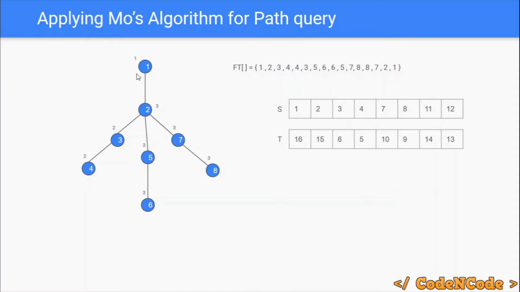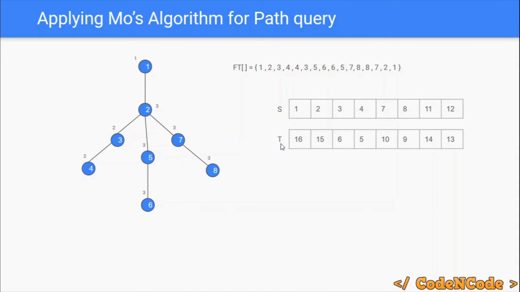So now this is the tree. Each node is assigned a certain value. For the sake of this lecture, this doesn't matter. This is the flattened tree. I run a DFS. This is the starting time of each node, and this is the terminating time of each node.